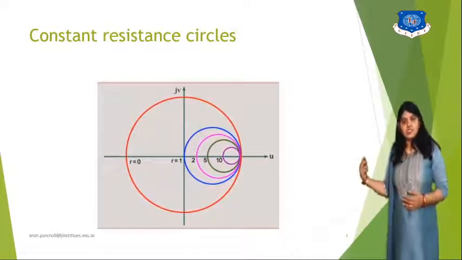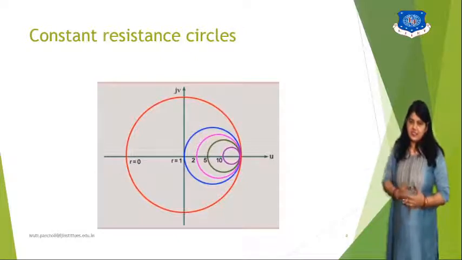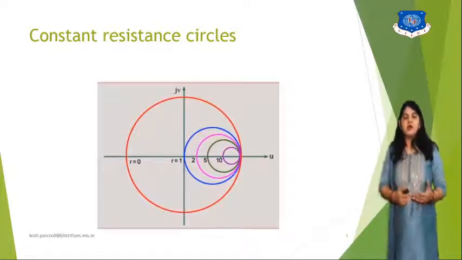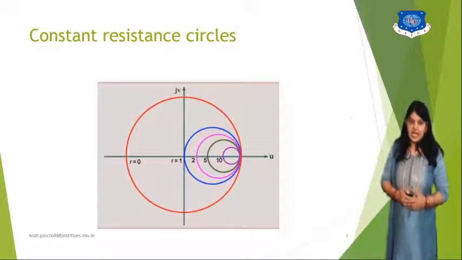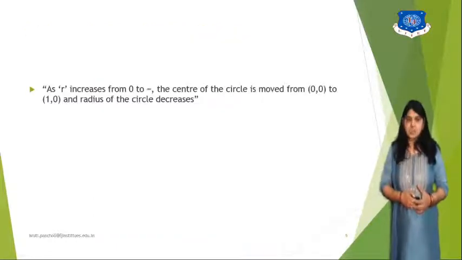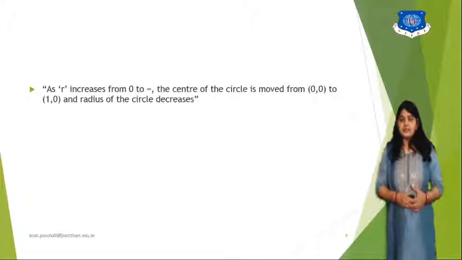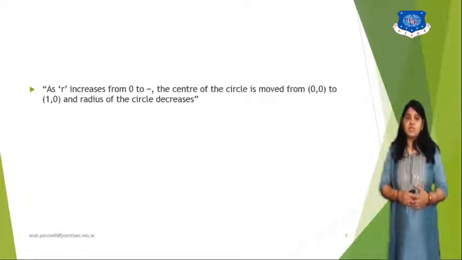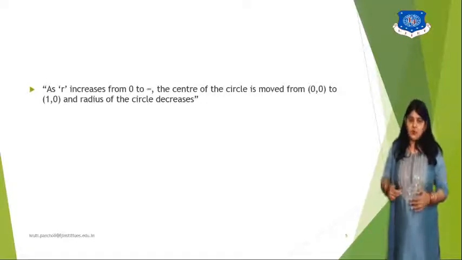There are two axes, the real axis U and the imaginary axis jB. This is the constant resistance circle. As R increases from 0 to infinity, the center of the circle moves from (0, 0) to (1, 0), and the radius of the circle decreases.